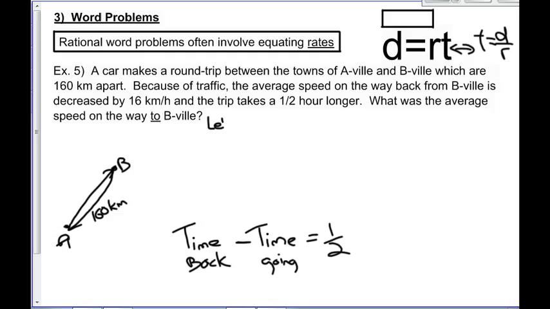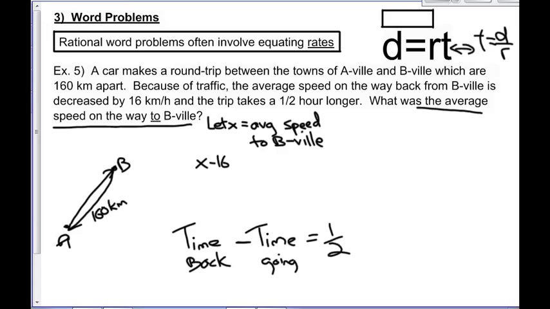So let's see. We're looking for the speed going. So let x be average speed to Aville, or to Bville, rather. Now, why would we let x be that? That's because it's the thing we're looking for.